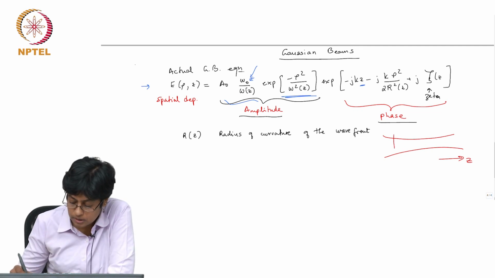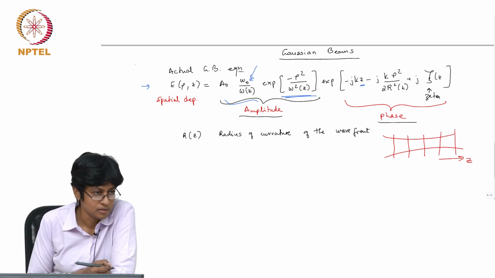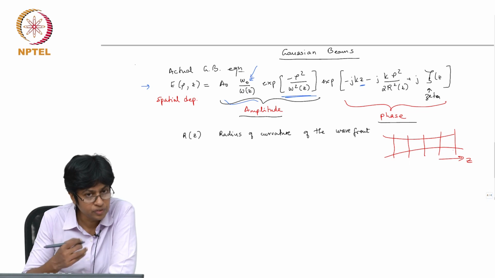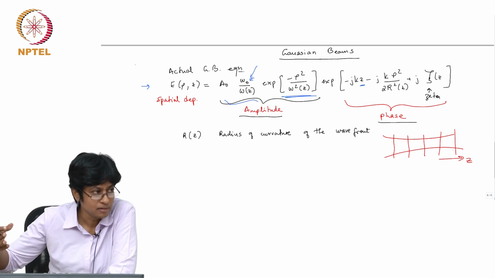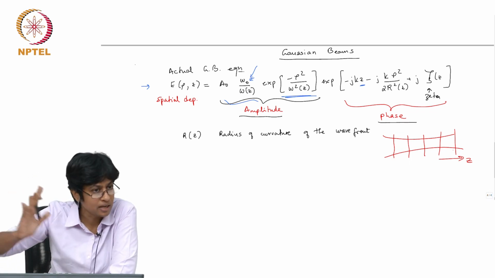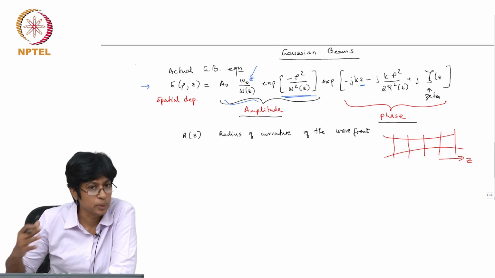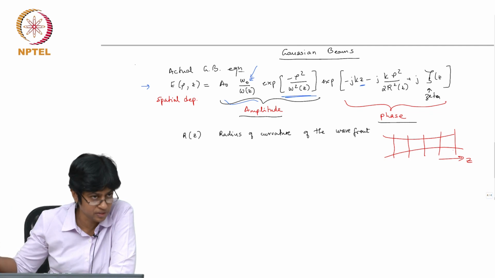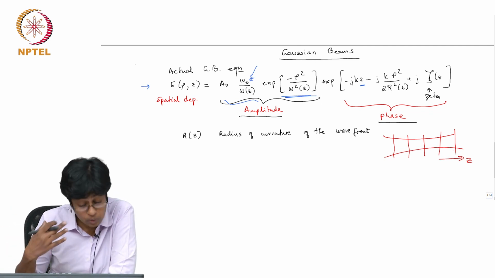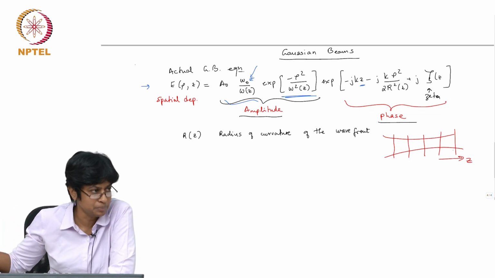If you were to take the cross section at any plane, it would have a different radius of curvature, okay, which is quite different from the plane wave or the spherical wave. This plane wave, at any plane, has a planar surface. So its wavefront is a planar surface. The spherical wave, at any plane, its wavefront is a sphere. So the radius of that sphere is going to be different, but you have a sphere. Whereas with the Gaussian beam, and we will look at this in more detail, the nature of that wavefront is changing as the beam propagates.